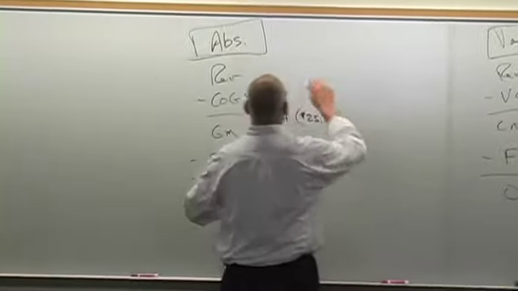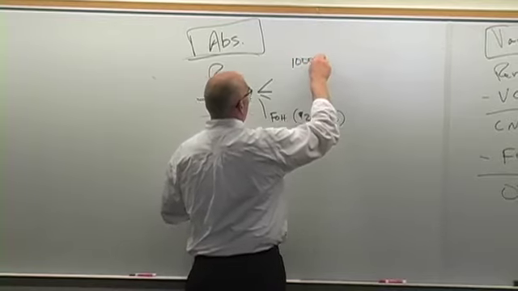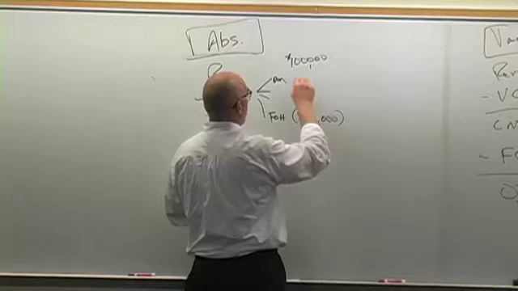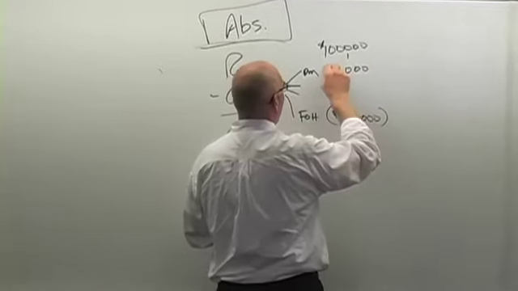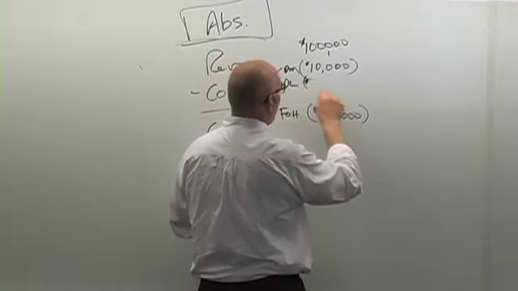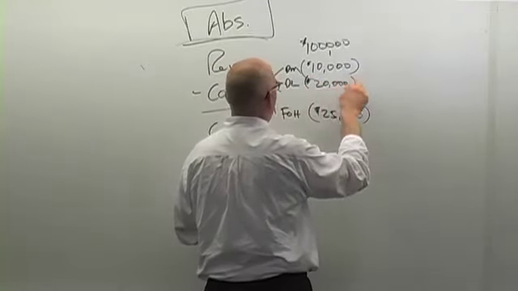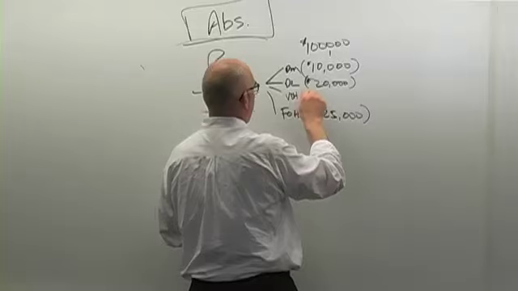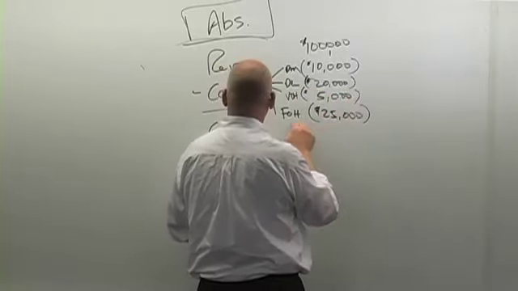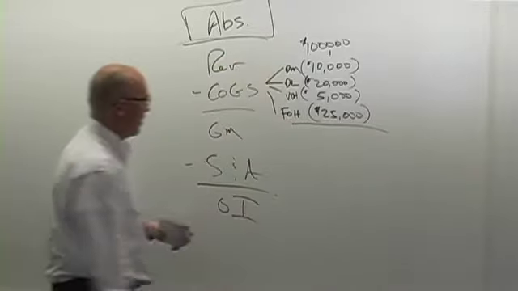Revenue is the same, $100,000. Direct materials the same, $10,000. Direct labor's the same, $20,000. Variable overhead's the same, $5,000. Gross margin's going to be different.